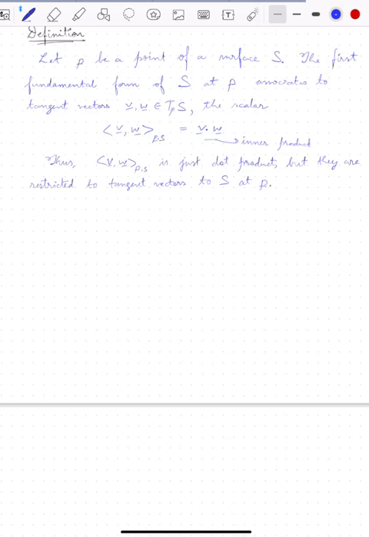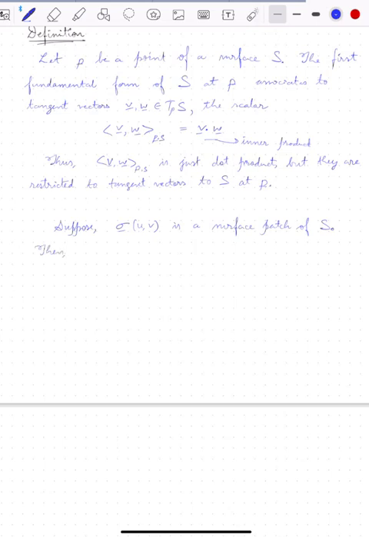Now let's make it more formal. Suppose sigma vector uv, of course, is a surface patch of S, right?